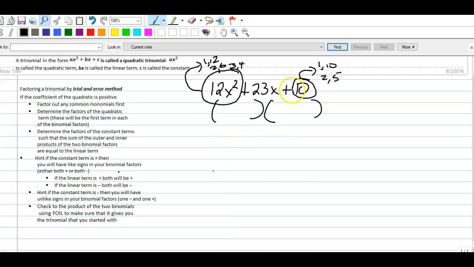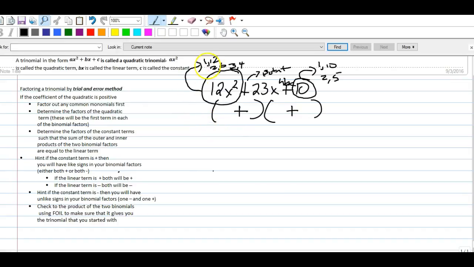But I do know that since the constant term is preceded by a plus, I have like signs. That means that the signs that separate the two terms of my binomial factors will both be plus or both be minus. And since the linear term is also plus, that means they're both plus. So that helps some.